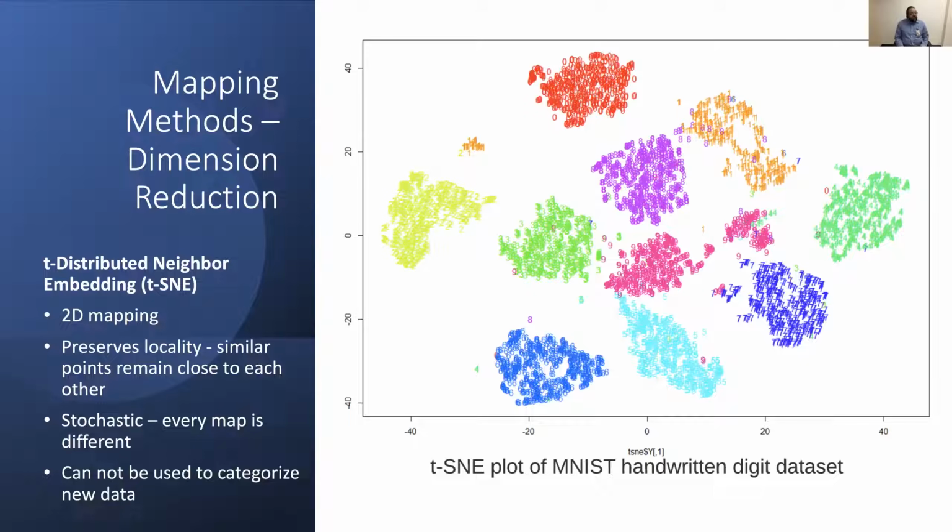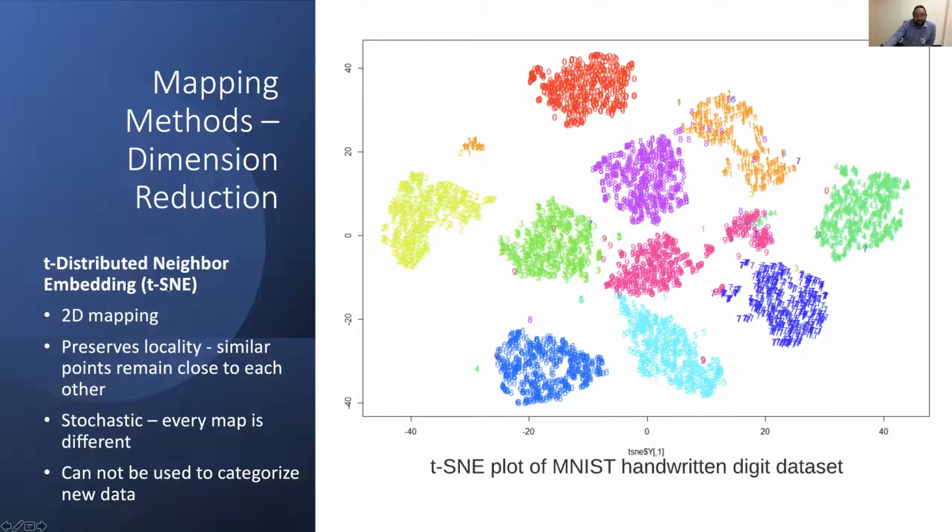Think of it like, if I wanted to describe a circle, it's easier for me to use polar coordinates rather than Cartesian coordinates. So transforming from X, Y variables to R and theta variables, that's a mapping. And these mapping methods basically do that.